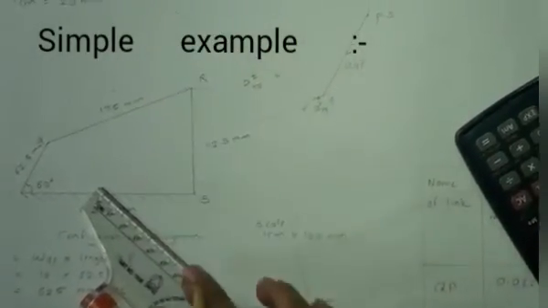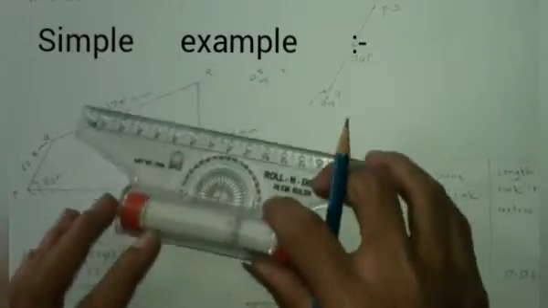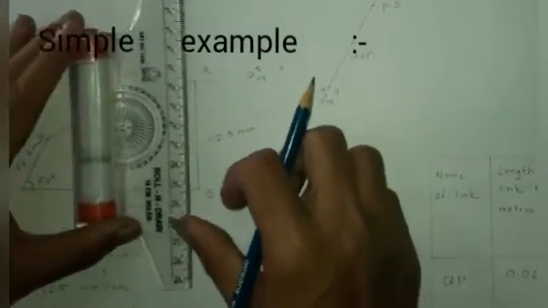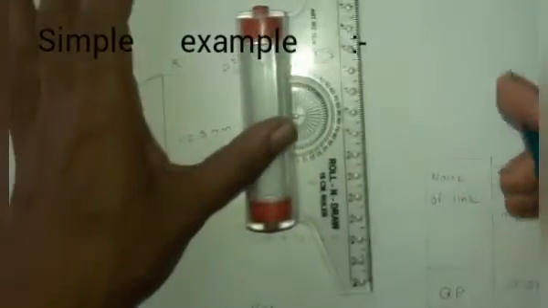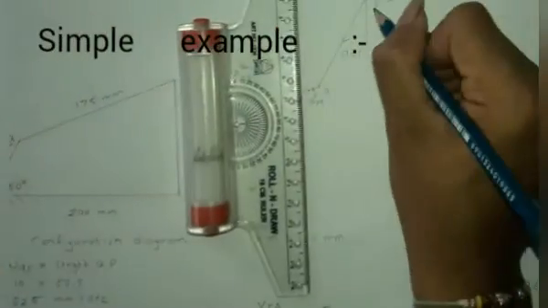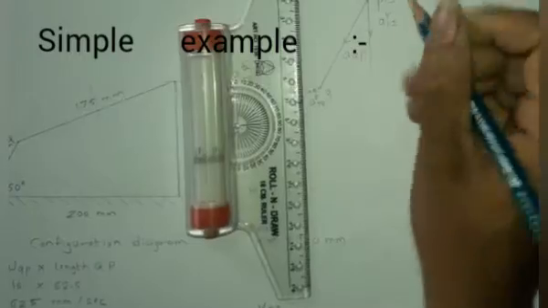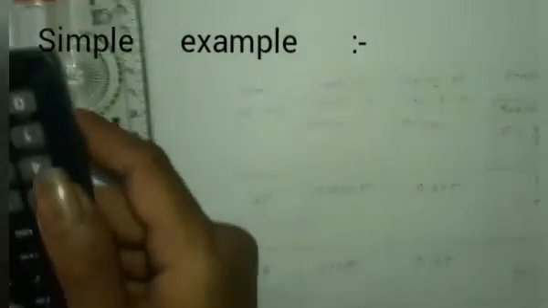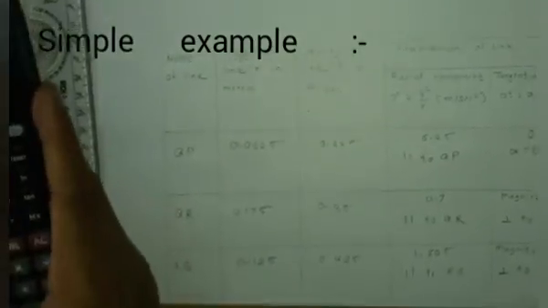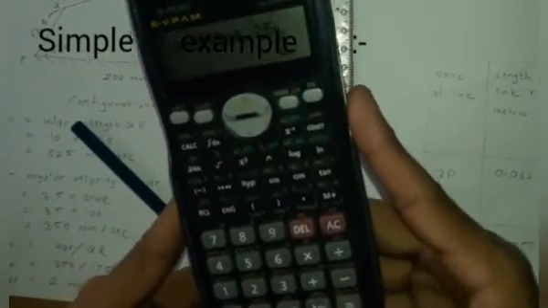We will extend this, then we draw a line parallel to link RS, which gives radial acceleration for RS, and the magnitude is given for this one, which is 1.605 divided by scale 1.25.